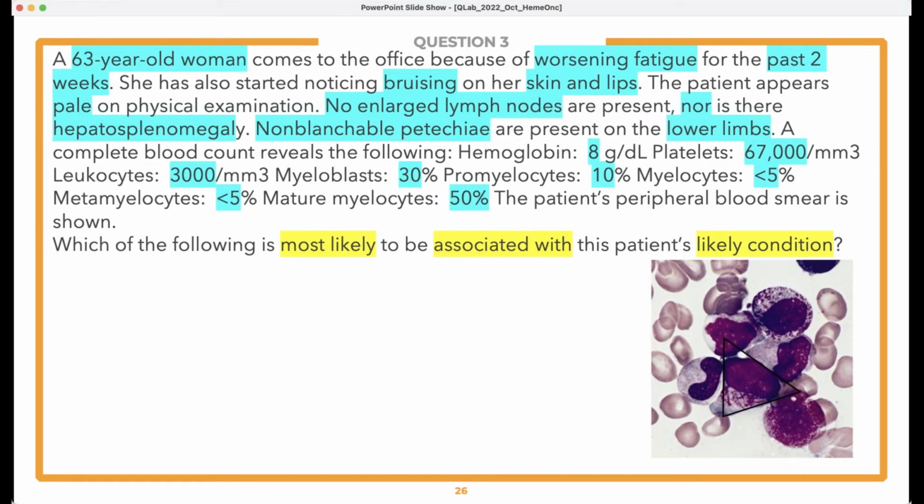You can see here another blood smear is shown, okay? They're asking us, again, what's most likely associated with this patient's likely condition. So one, we've got to figure out what is this patient's condition, and then two, what may be associated with that condition. So I think another two-step question here. So let's go ahead and take a look at those answer choices. And once again, starting at the bottom.